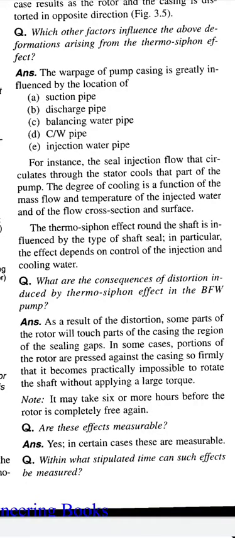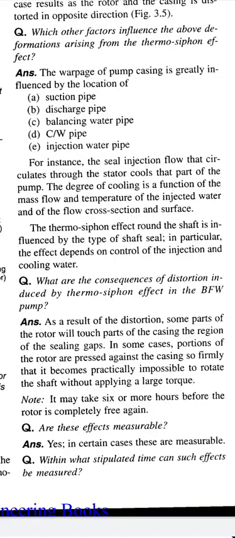Question: what are the consequences of distortion induced by thermosiphon effect in the boiler feed water pump? Answer: as a result of distortion, some parts of the rotor will touch parts of the casing, in the region of the sealing gaps.